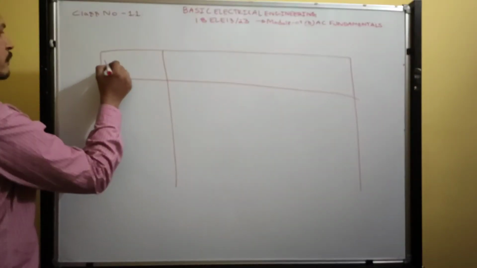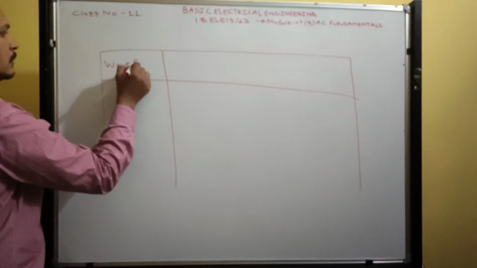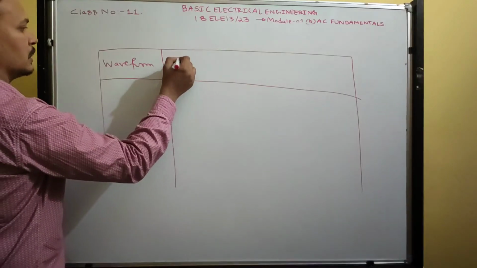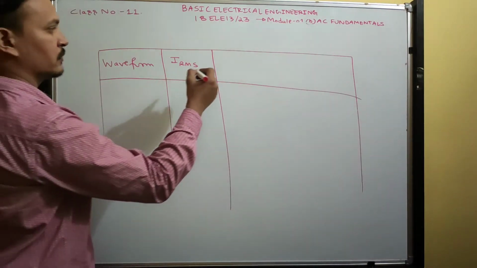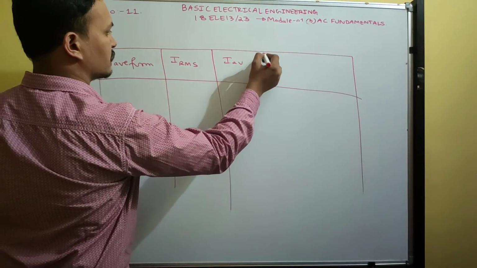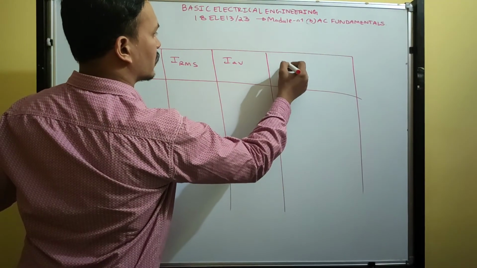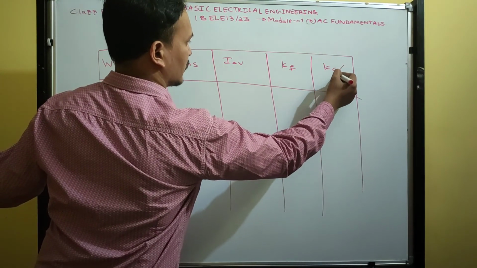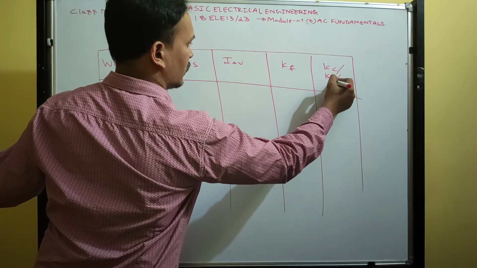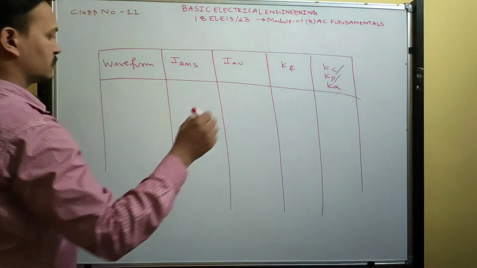Here you write waveform, and you write IRMS. What is the RMS value of that particular waveform? What is the average value of that waveform? What is the form factor? And what is the crest factor? Kc, Kp, Ka, all are the same.